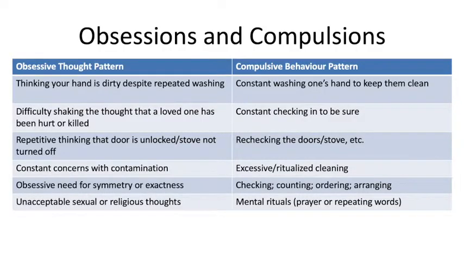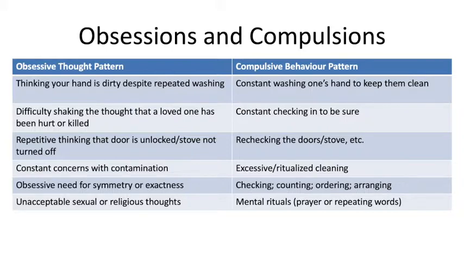Here are kind of typical or very commonly seen obsessive thought patterns and compulsive behavior patterns. So, for example, if the obsessive thought is about your hand being dirty, your hand being contaminated by germs, a compulsive behavior might develop around that particular obsessive thought, around washing your hand more than one time, or going through a ritual of washing your hand.